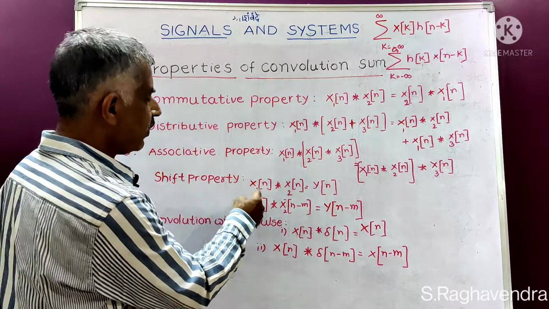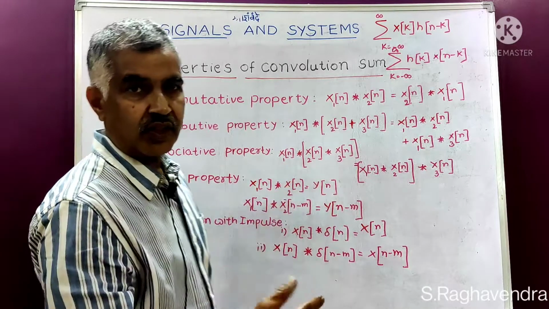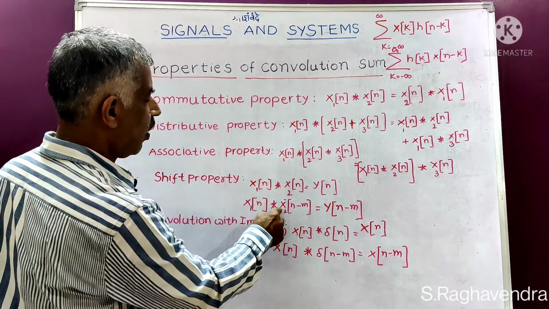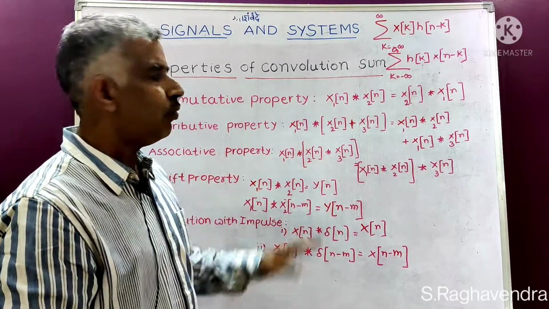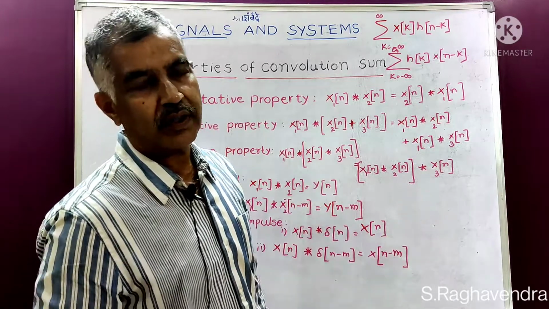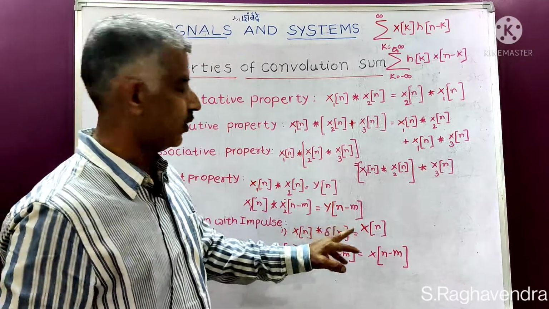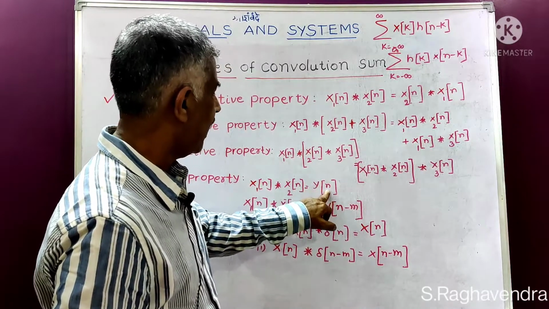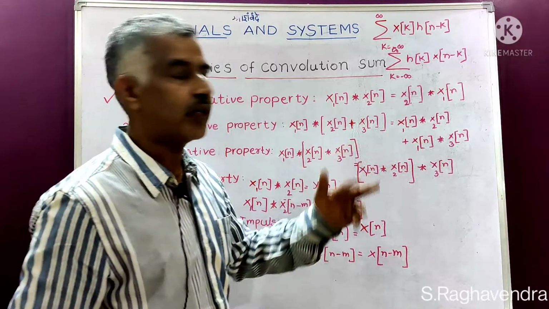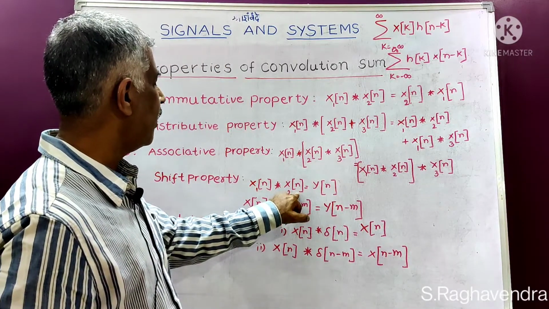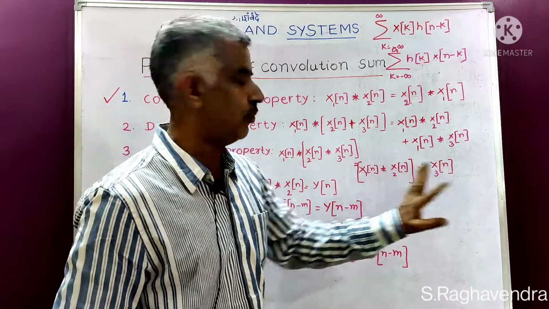Now the next case, now x2 is shifted: x2 of n minus m convolving with x1 of n. Once again you need not calculate the convolution sum. Instead, you take y of n and replace each term by m units. That is sufficient. Suppose you have calculated y of n, let us assume.